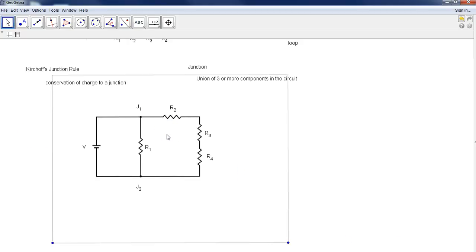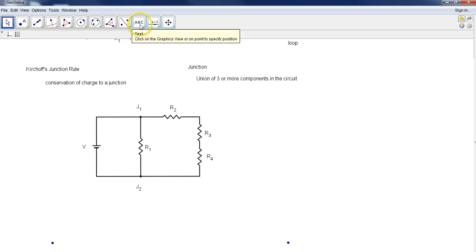For the junction rule, our sign rule is very nice. In is positive, out is negative.